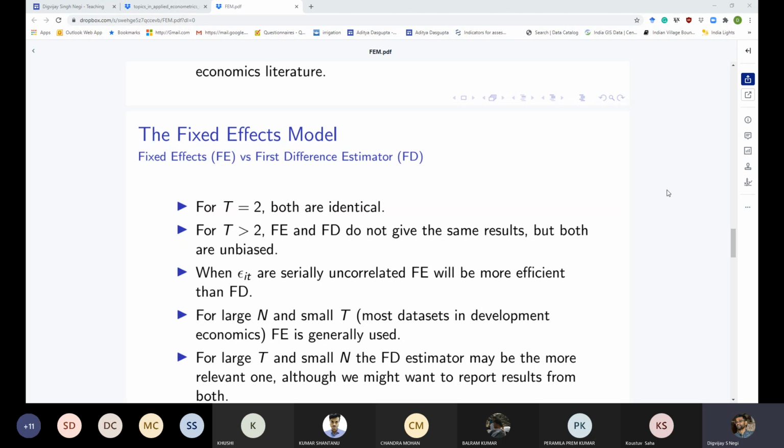The random effects model would put a particular structure on the variance covariance matrix, but the alternative correction that we do does not put a structure. It is general enough to account for all sorts of correlations.